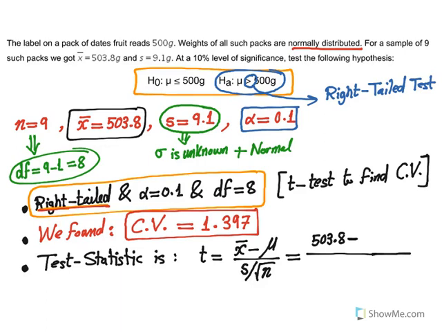Mu, you get it if you look at the previous part when we solved another question. It's the number that you have here or there. Any of these two, they are the same number. So minus 500, that's the mu for us, divided by s, which is 9.1, over radical n. N is 9. Notice here you use n, not degrees of freedom. Degrees of freedom just to find the critical value.